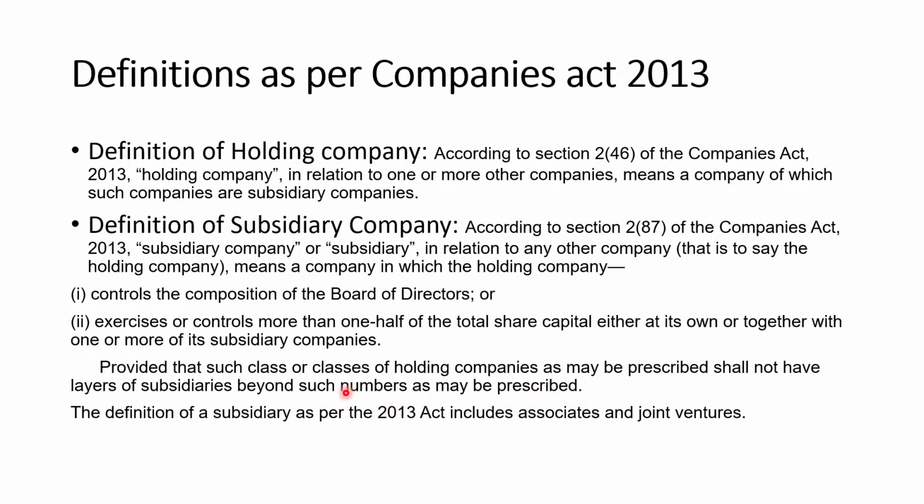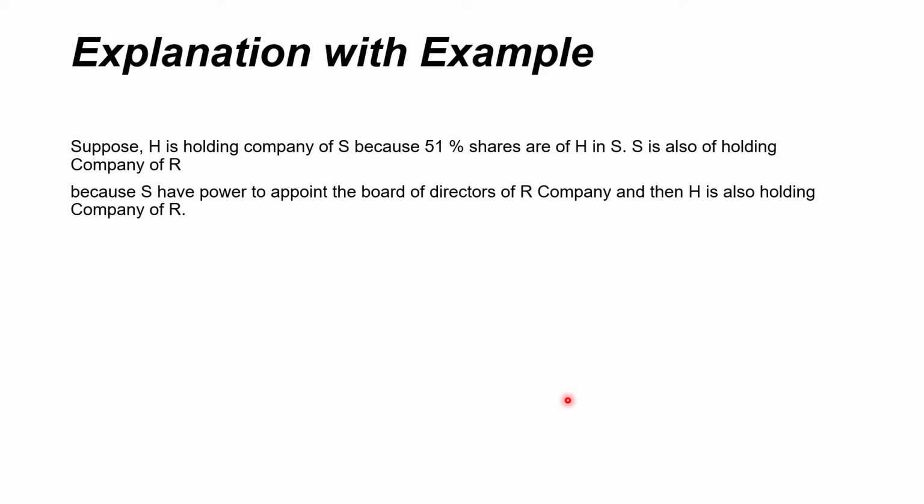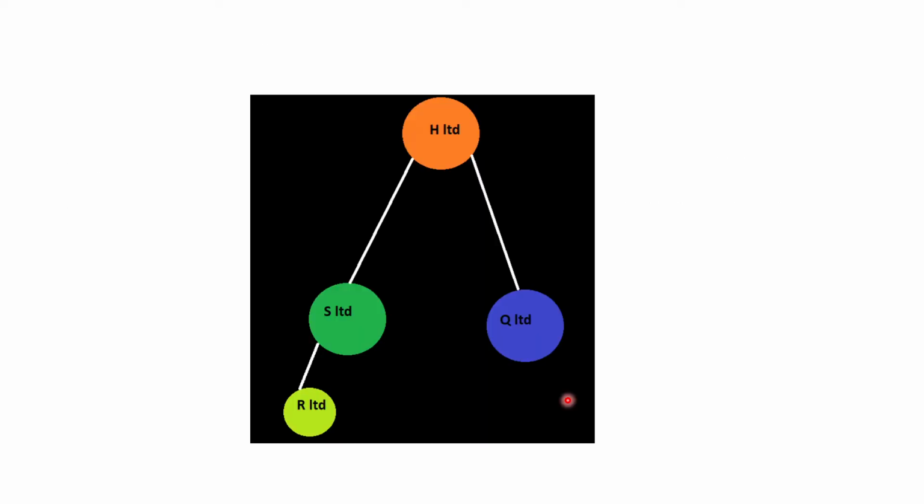The Companies Act has prescribed by its rules two layers, which means there shall not be more than two layers of investment subsidiaries. What does it mean? We shall have a look at the next slide, then the picture will be clear. There is one company, H Limited.